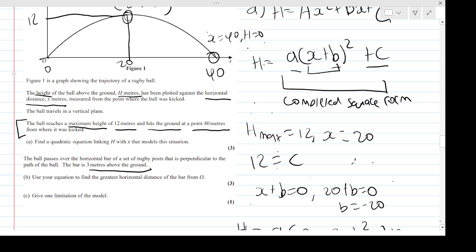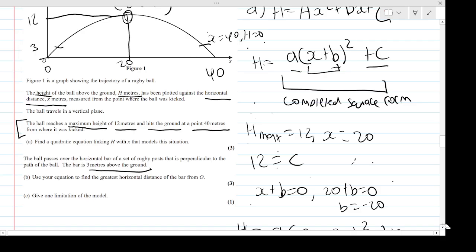But it's saying the bar is 3 meters above the ground. So essentially, that means h is going to be 3, isn't it? So if we imagine the line, this would be the horizontal bar, right? Therefore, we need to find the values when the graph reaches 3. h is 3 there.